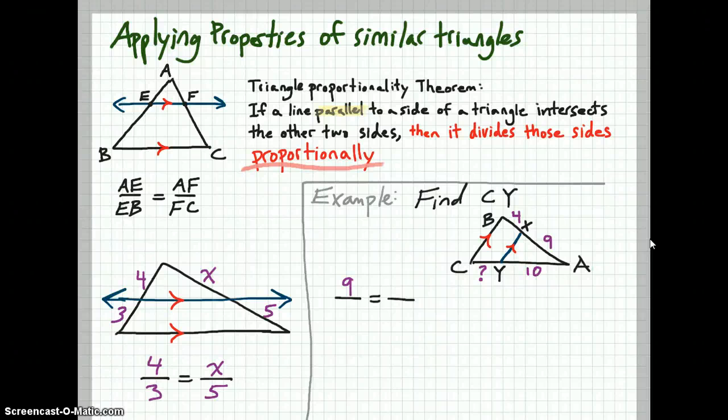Okay, so we set up our two fractions that are equal to each other, and I started off with the 9, and you kind of have to turn your head on the side to be able to see this because it is very different than what we were just looking at as far as its orientation. So I have a 9 is to 4, and then we'll do as 10 is to CY.